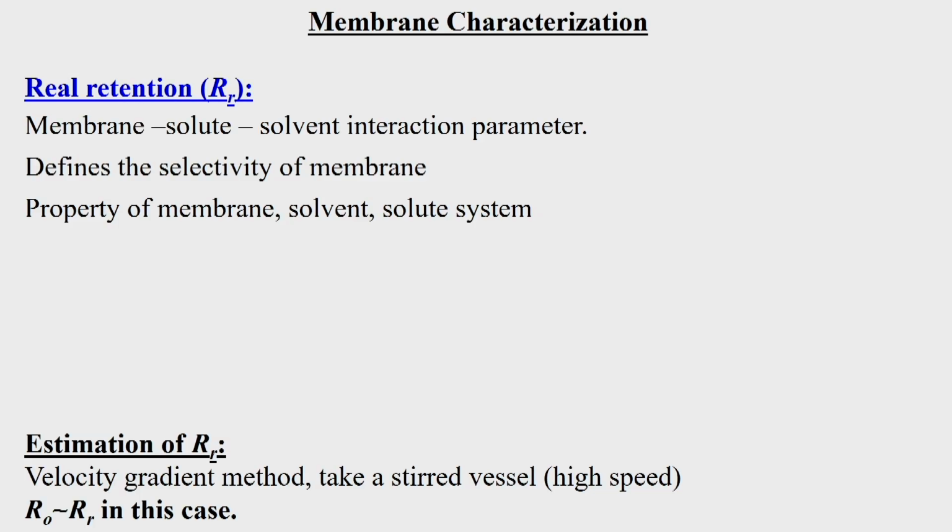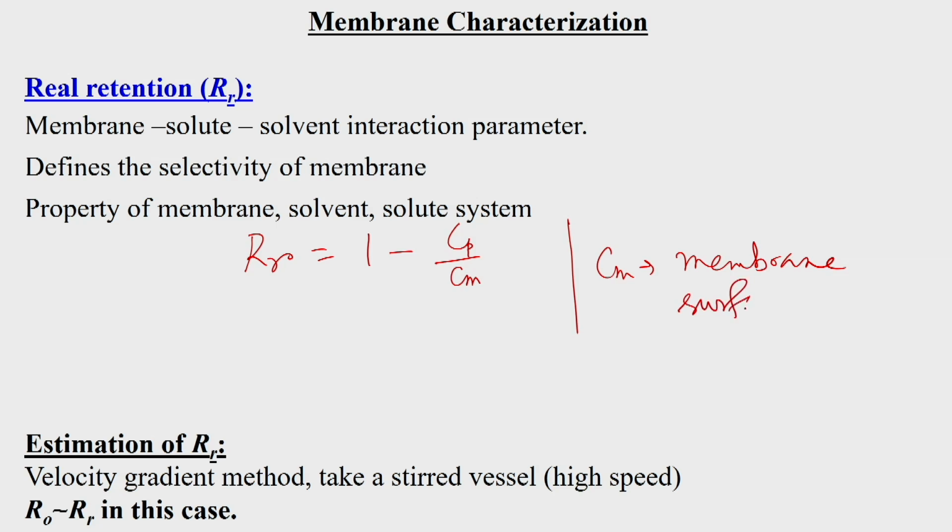So, it is actually the membrane solute solvent interaction parameter. So, this defines the selectivity of the membrane, or the property of the membrane solvent solute system. There, real retention Rr is equal to 1 minus Cp by Cm, where Cm is the membrane surface concentration, means it is the maximum concentration of the solute on the membrane surface.